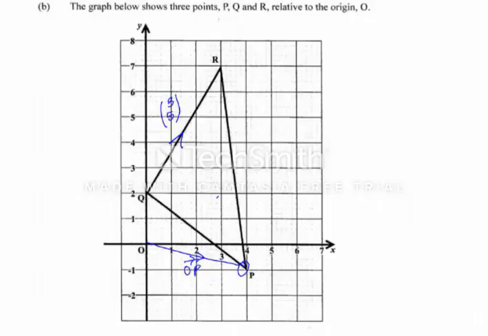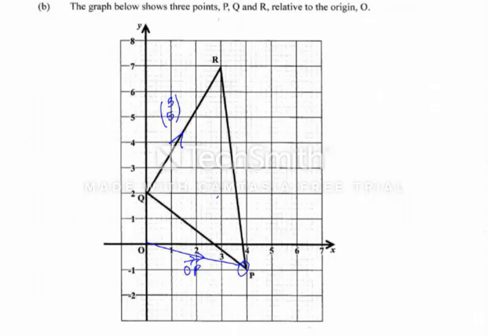It says show that the vector OS, and this looks like (7, 4), show that PQRS is a parallelogram. All right, so let's go back and put in the position vector OS.